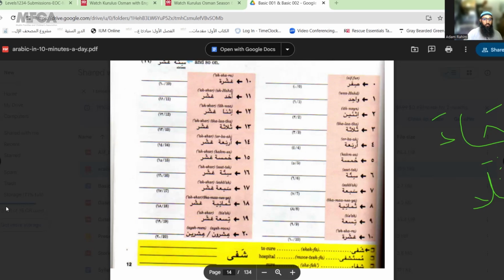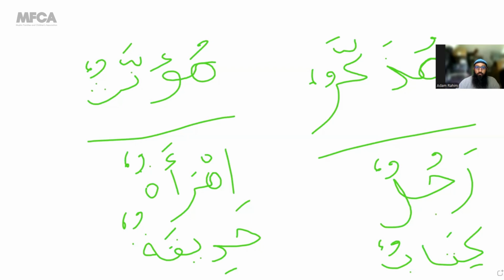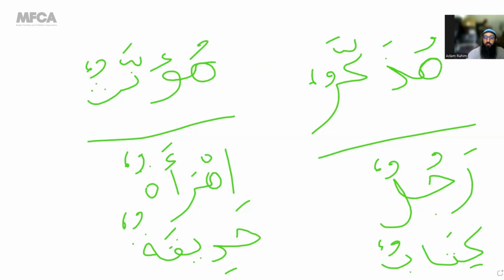I think it's going to be a little more clear over there. We have ja'a. For example, ثلاثة.